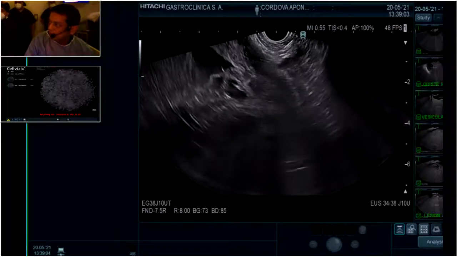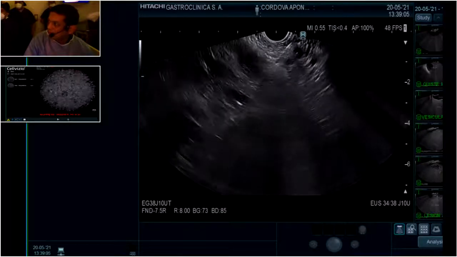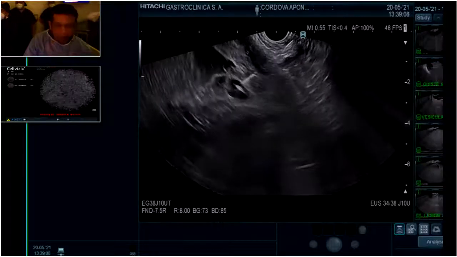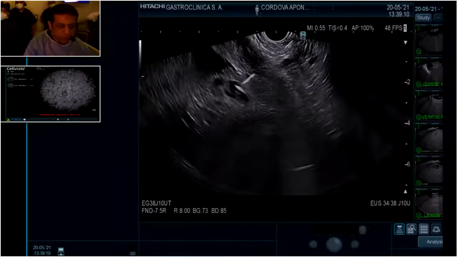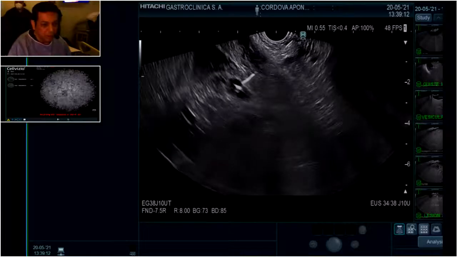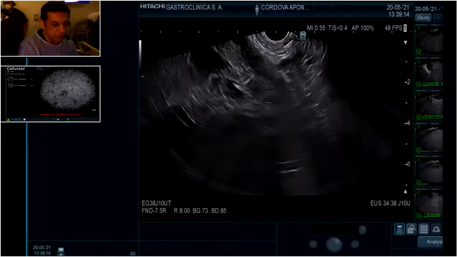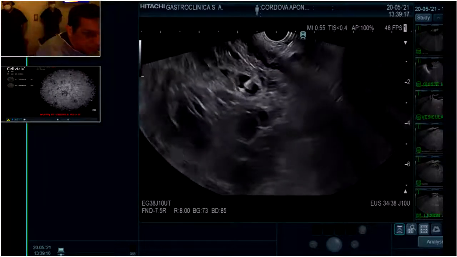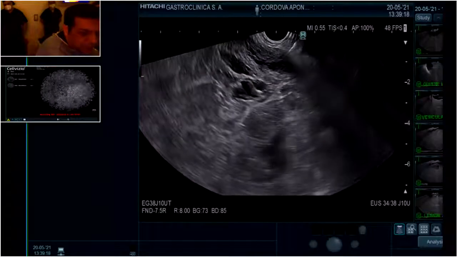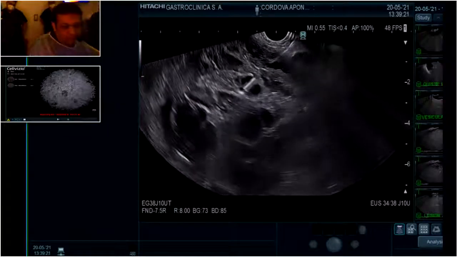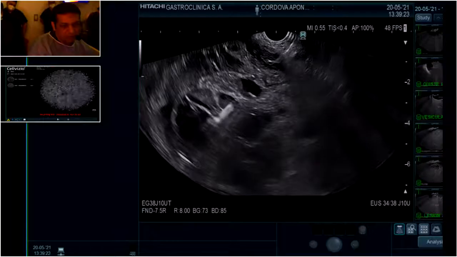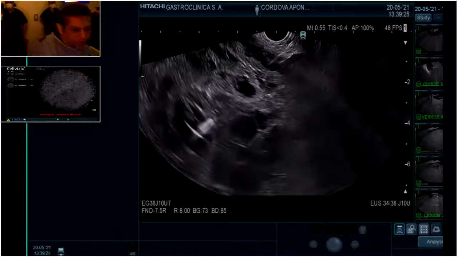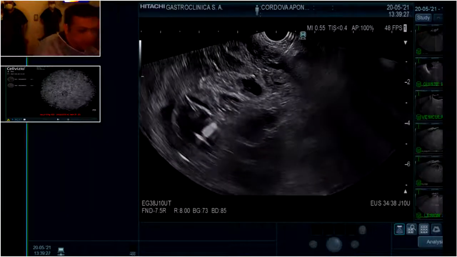So this is a very rare lesion. I don't see nothing. It's like these are false septs.